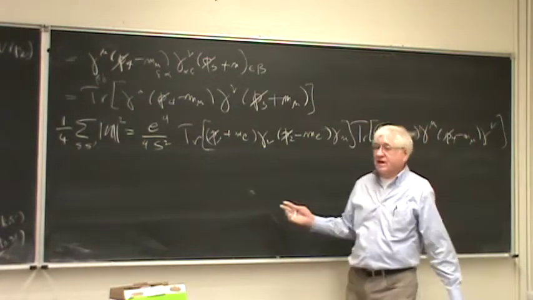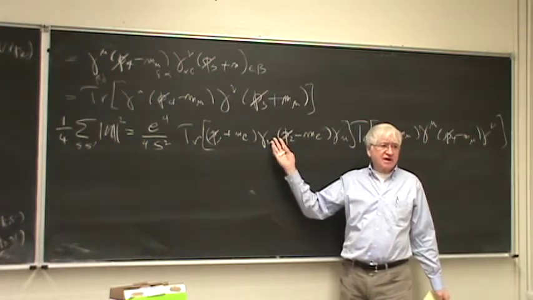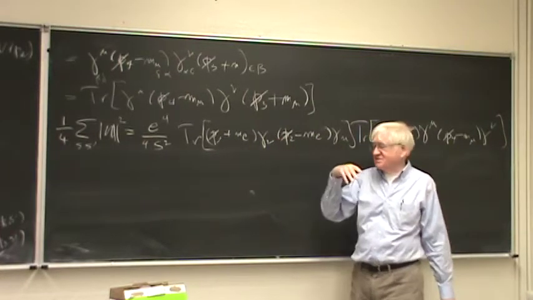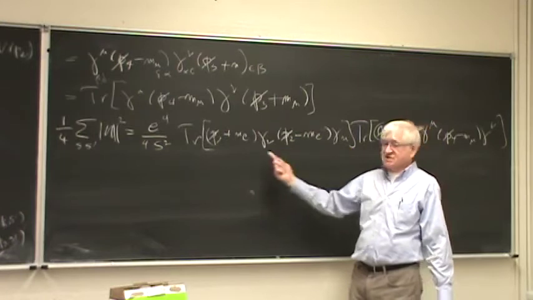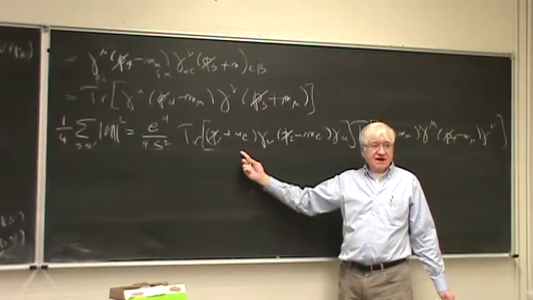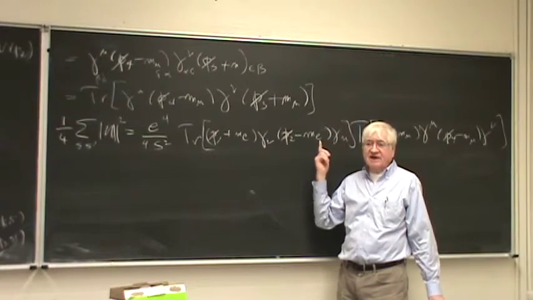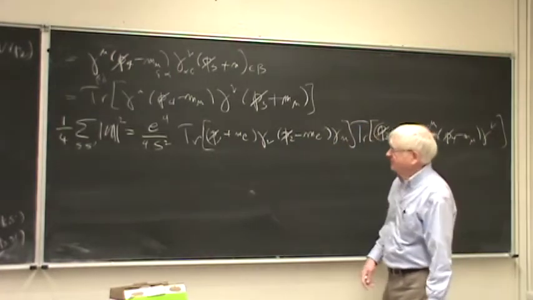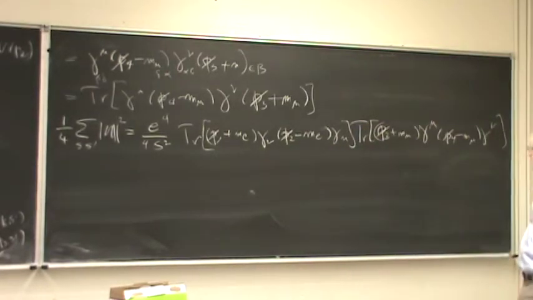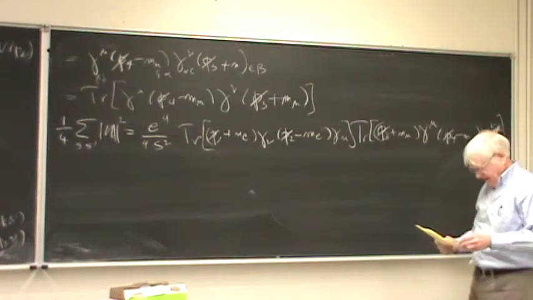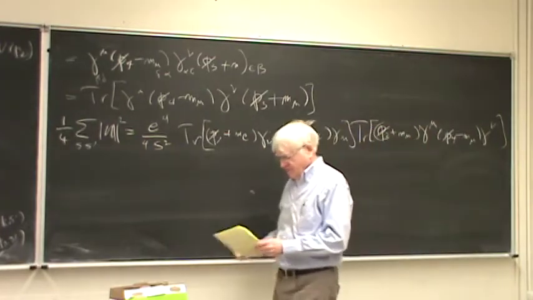Your homework, which I assigned, was probably due last Wednesday, is to compute things like this. This is basically the trace of 4 gammas, and there's a standard formula for that involving a bunch of etas. If you apply the two of them, you then get a suitably simple formula.